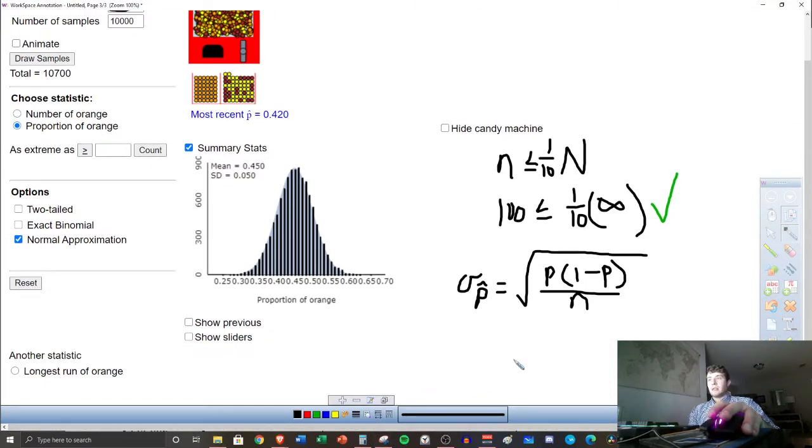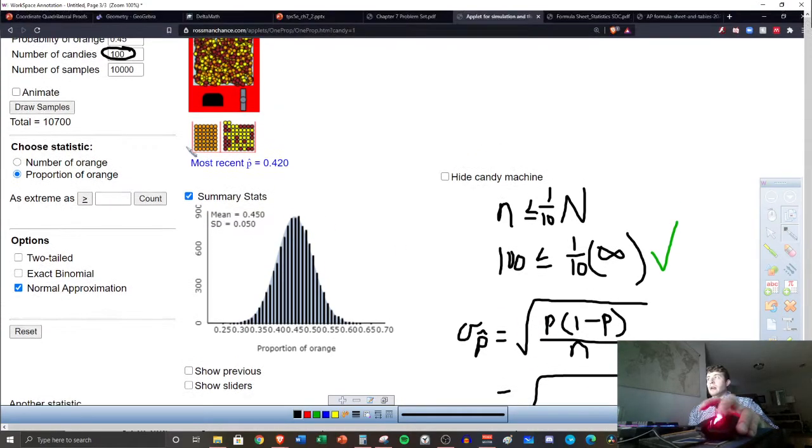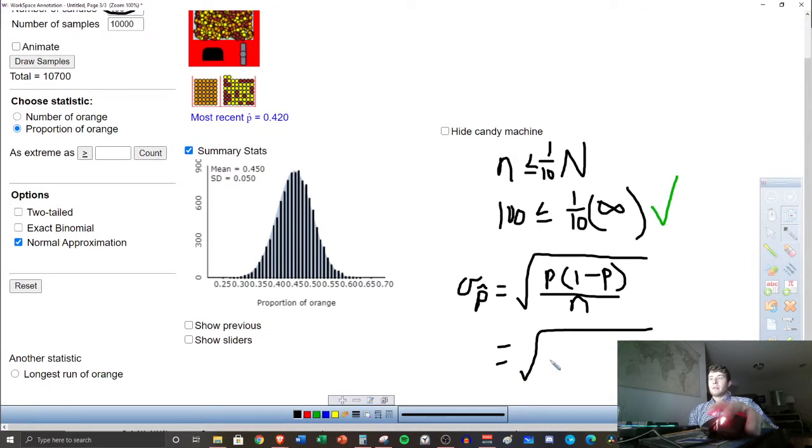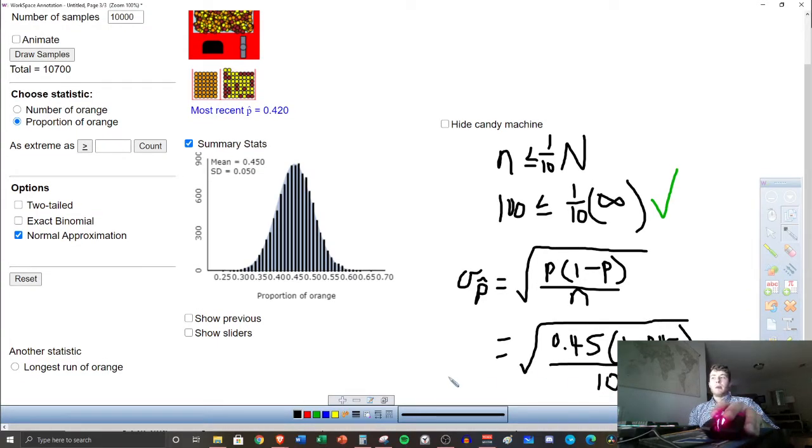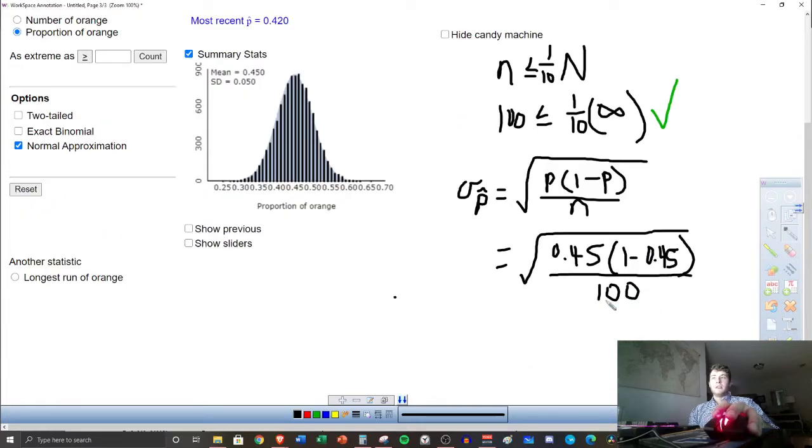It's going to be p, which is our probability, which we know from up here is 0.45. So 0.45 times 1 minus 0.45. Then we divide by the sample size. Remember, the sample size is what makes the standard deviation smaller. And we're seeing this here. It is division, right? So if you increase that sample size, it's going to make the standard deviation smaller.